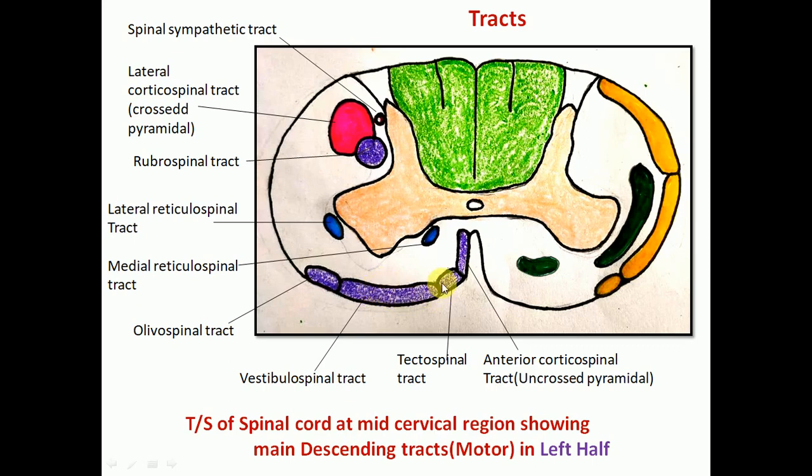Then the tectospinal tract, concerned with the visuomotor reflex and the movements of the head and neck along with the eye. So they ultimately control unconscious kinesthesia. And the anterior corticospinal tract we already discussed, concerned with control of fine skillful movements of the opposite half of the body. So this is about the descending or motor tracts.